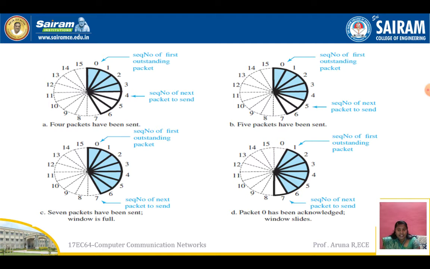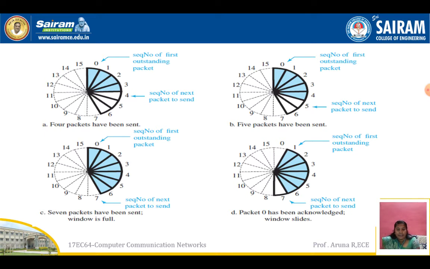In this example, 0, 1, 2, 3 are the packets that have already been sent to the receiver, colored in blue. The next packets waiting to be sent are 4, 5 and 6. These 3 packets are yet to be sent.